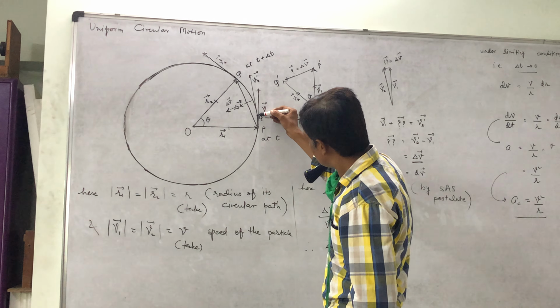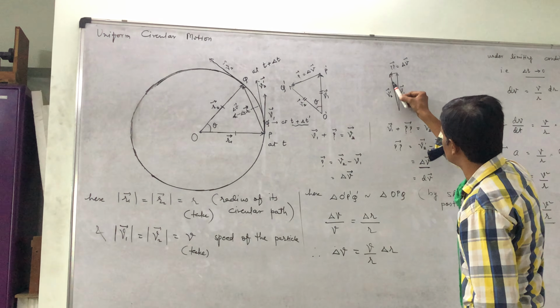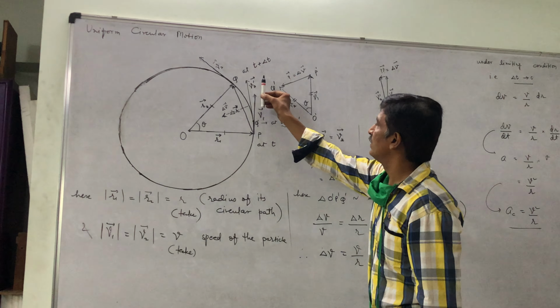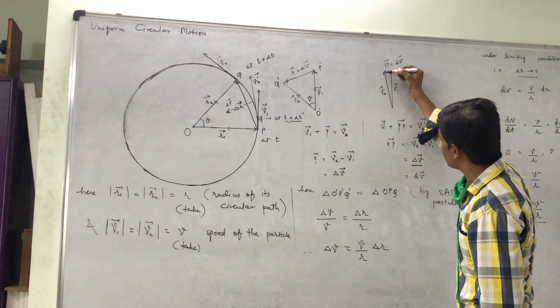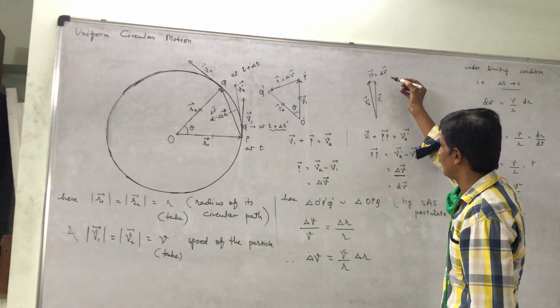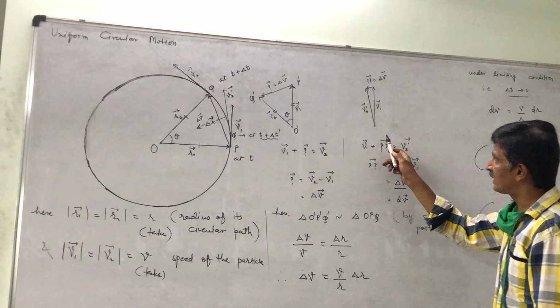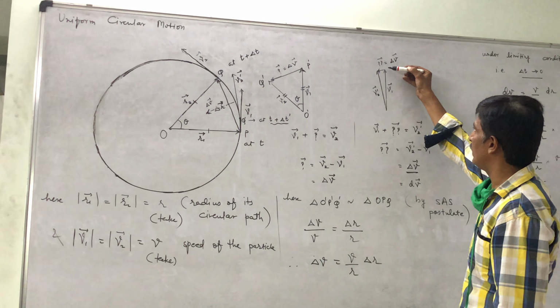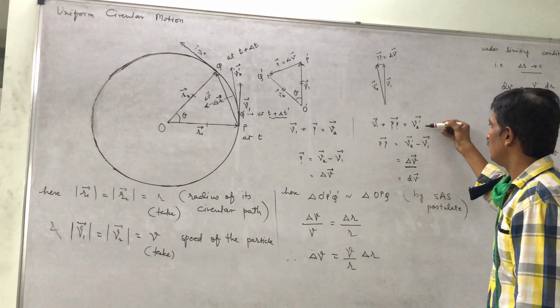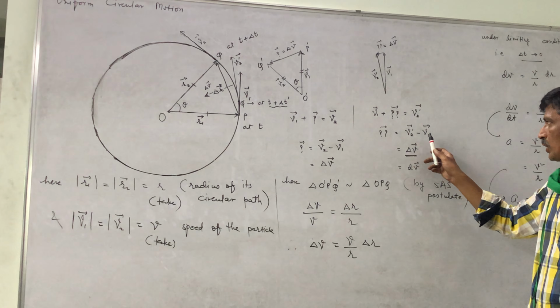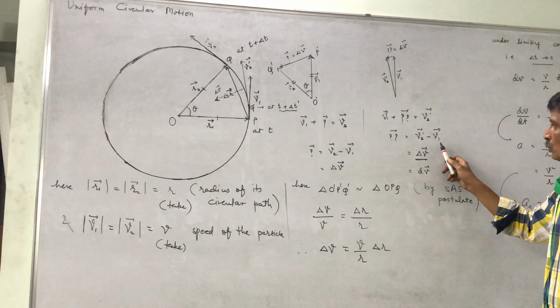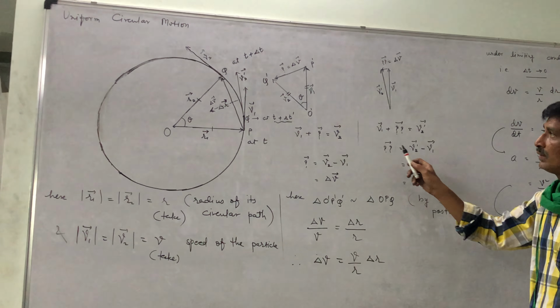If we consider this vector, the double question mark, then from the triangle law for vector addition, v1 plus the double question mark equals v2 dash. So the double question mark is v2 dash minus v1. It is also the change in velocity in our time interval.